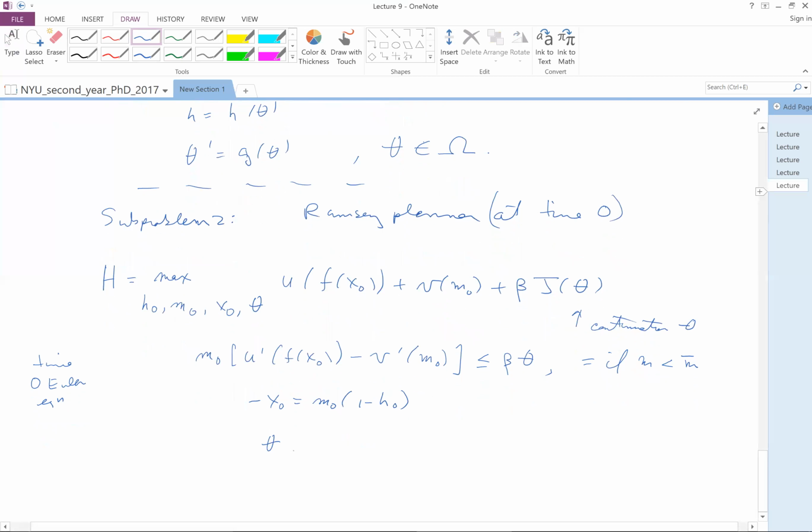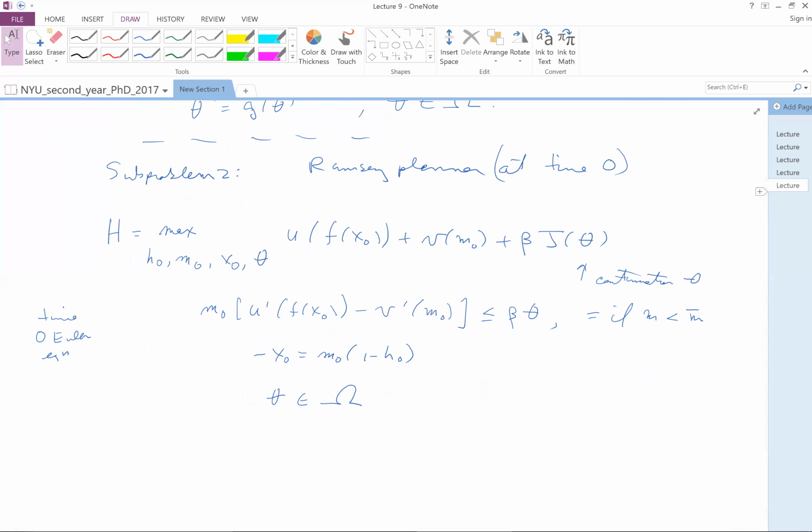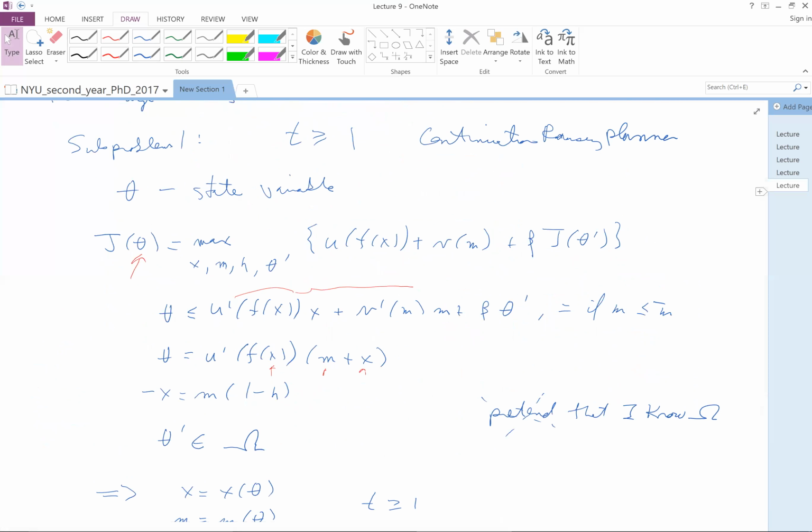And we're going to require that theta, the continuation theta, belongs to omega. And this is what I wrote down incorrectly last time. I did not write this down as fully as I should have.